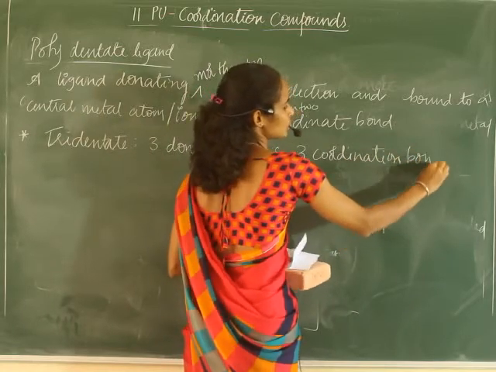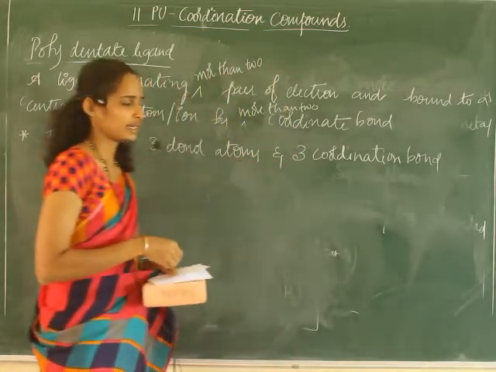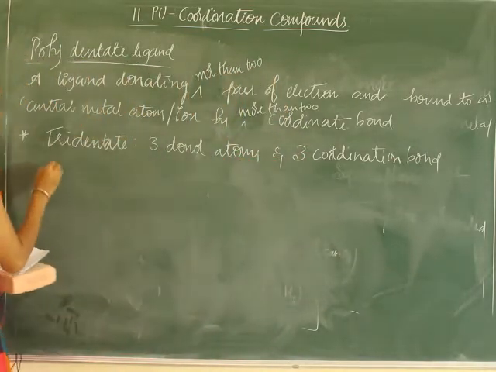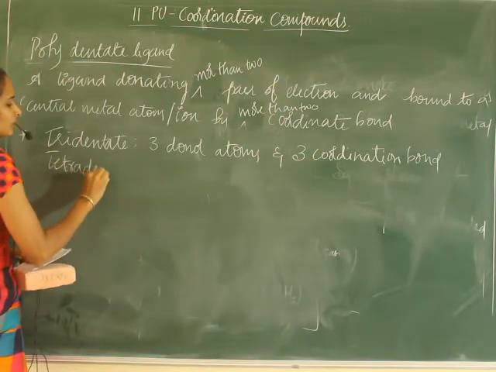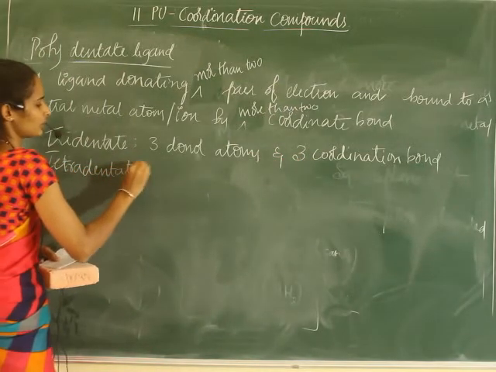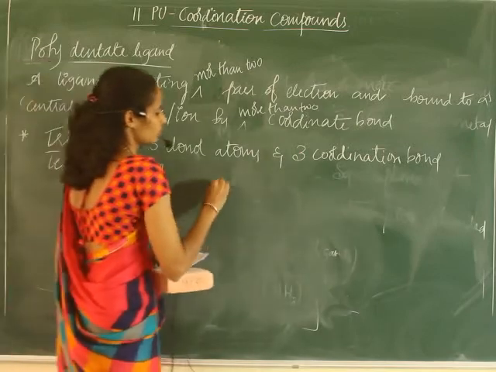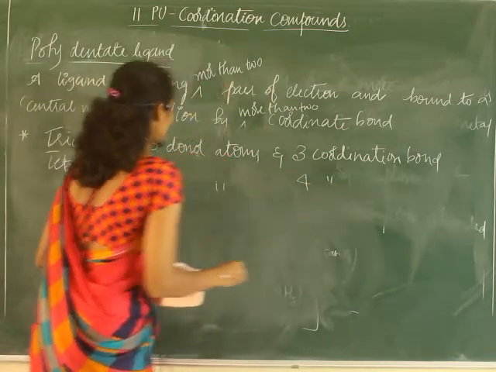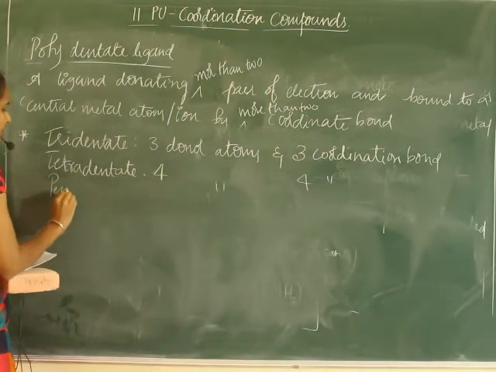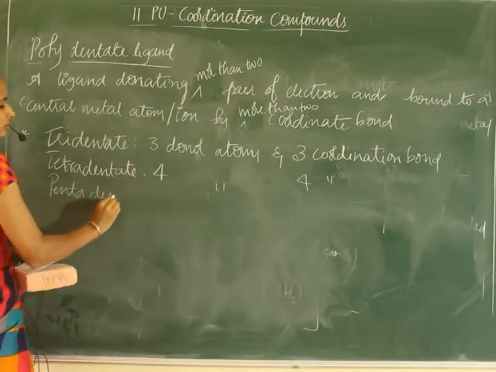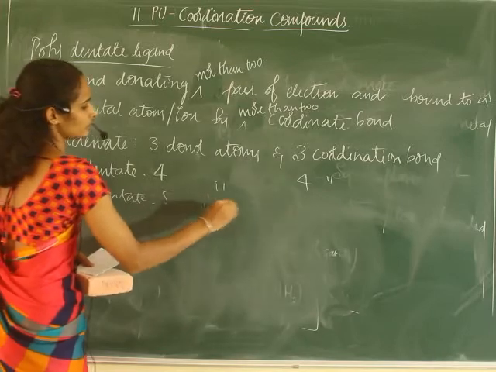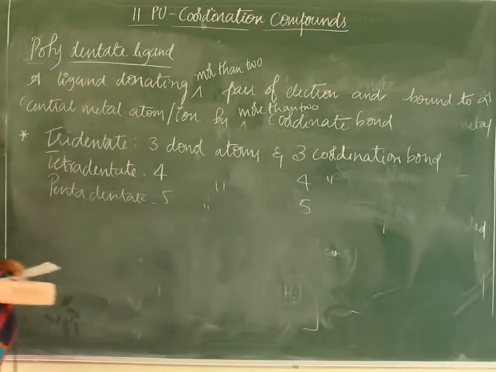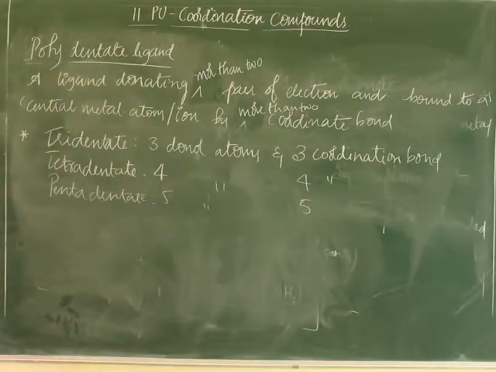If there are 2, it is called bidentate; 3, tridentate; again, tetradentate, that is 4; next pentadentate, etc. Pentadentate has 5 coordination bonds and 5 donor atoms.